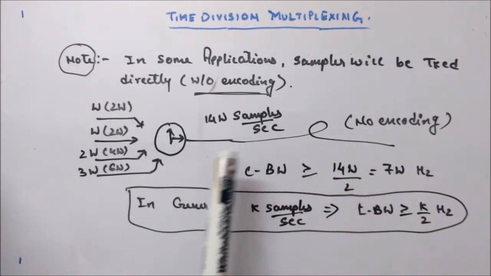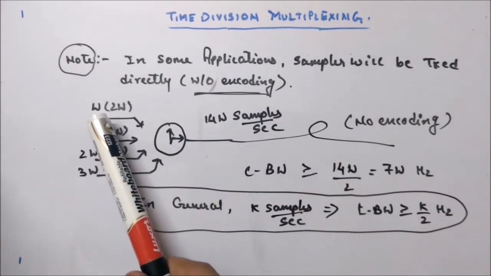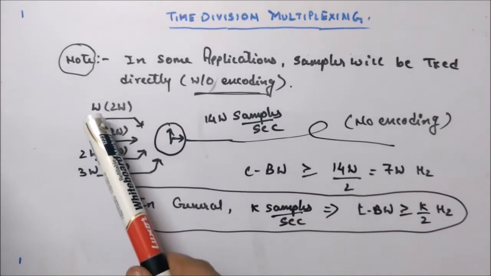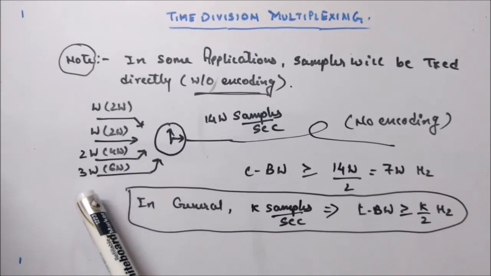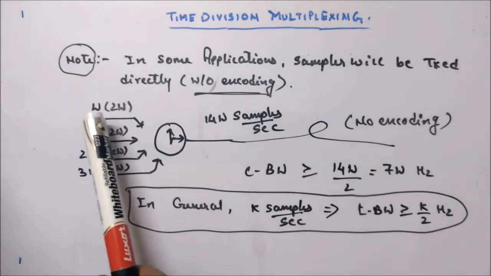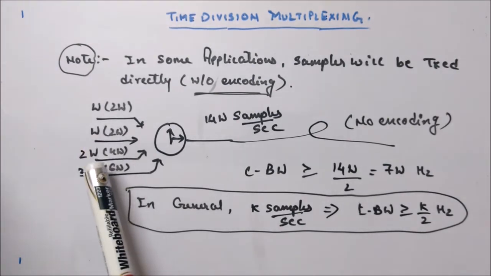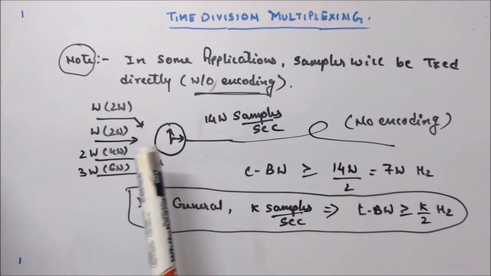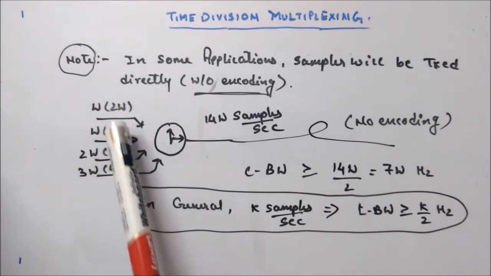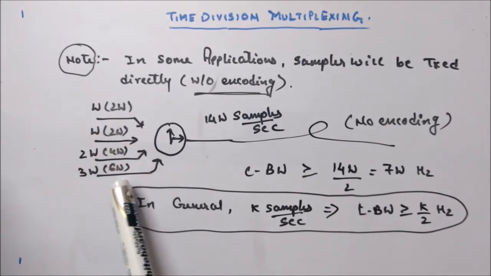Let's say you have 4 message signals, each band limited to W, W, 2W and 3W. So messages 1 and 2 are band limited to W, message 3 is band limited to 2W, and message 4 is band limited to 3W. So their Nyquist rates will be 2W, 2W, 4W, 6W.